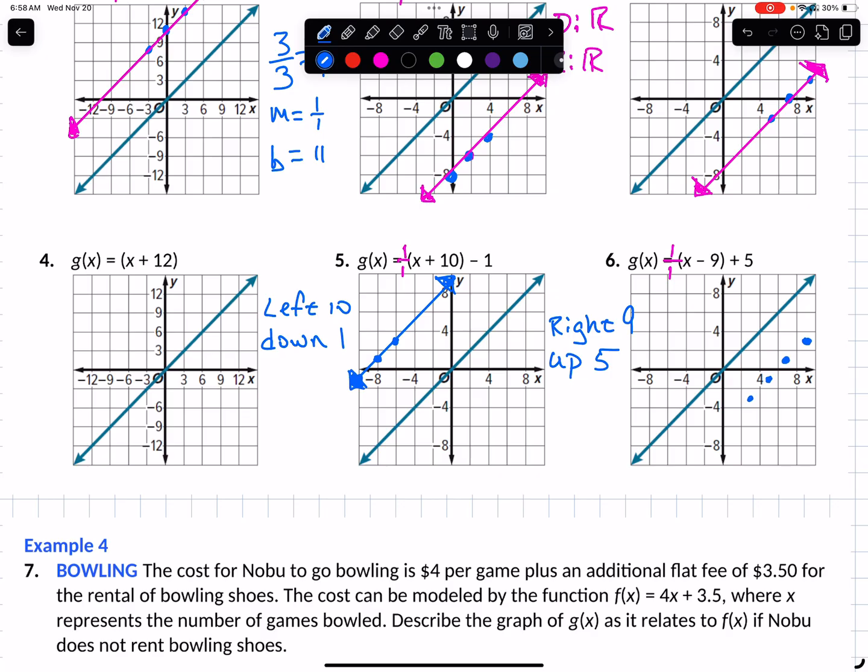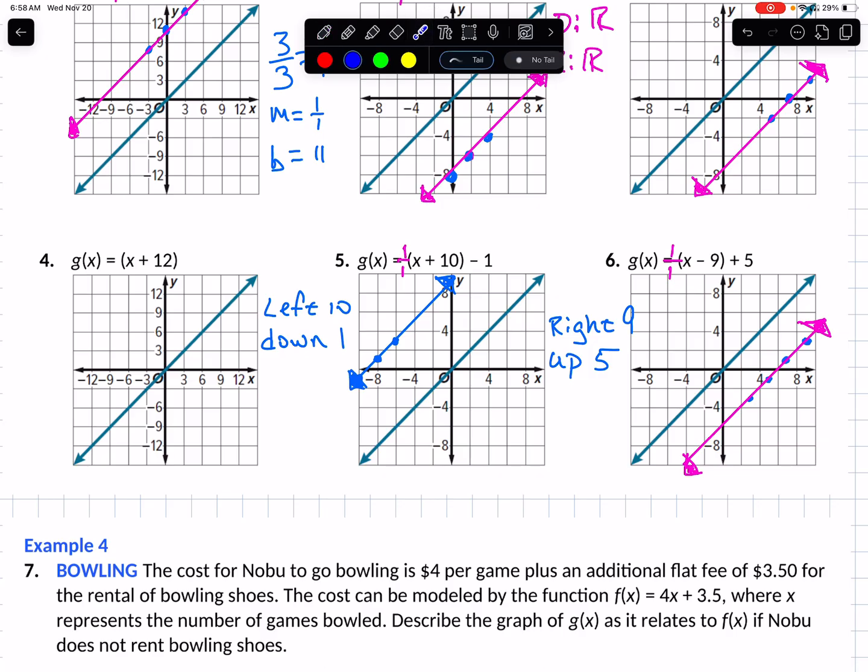I could keep going with the dots if I want, but you don't have to. We'll do this graph in good old hot pink. All right, I'm going to move my line just up a little bit so I hit my dots a little bit better. Okay, and that's the new graph.